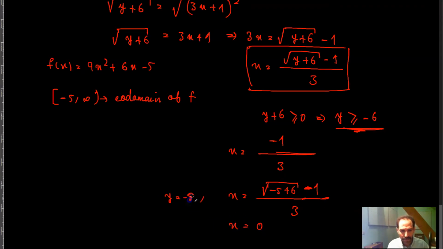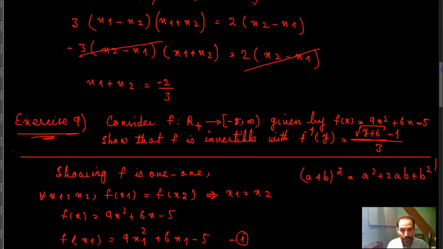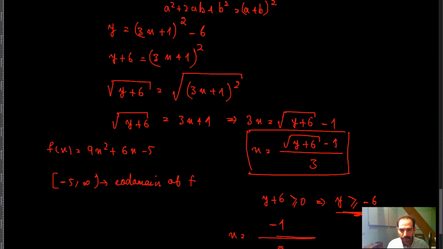So that means that when y is equal to negative 5, then x is equal to 0. And x equal to 0 actually does exist here, because this set does include 0 as well.